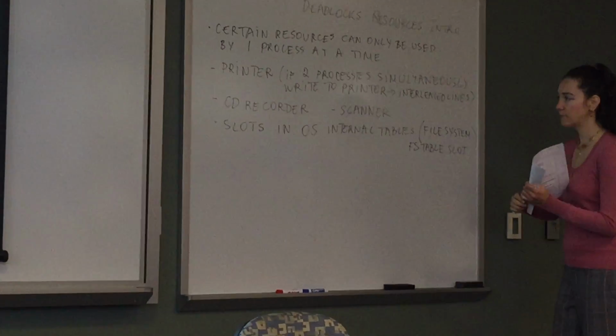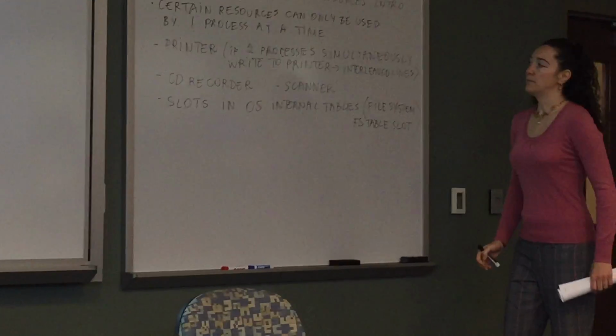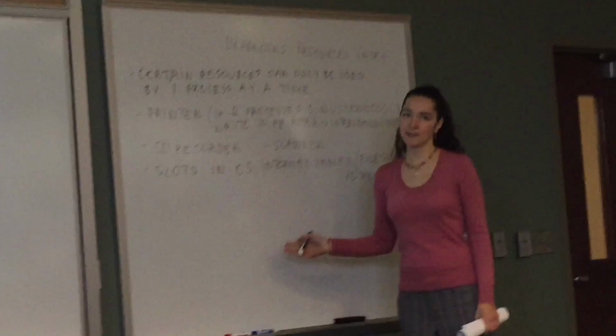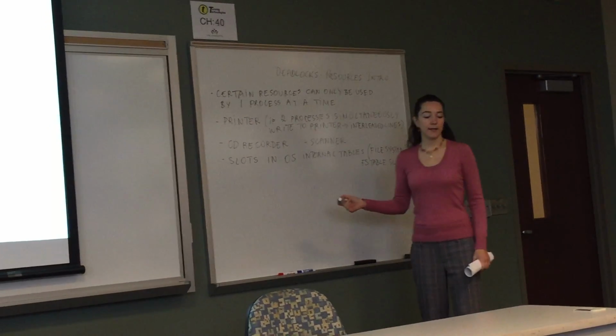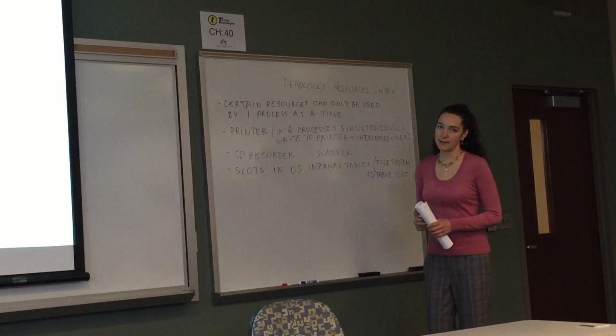So there are a lot of resources that we need to be careful assigning to the processes that request them. So we need to manage these resources in a way that only one process has them at a time.